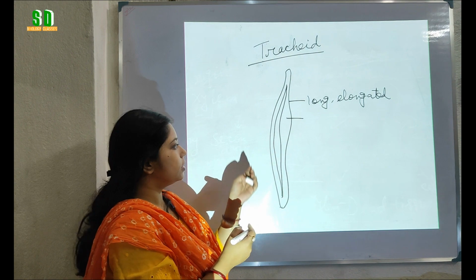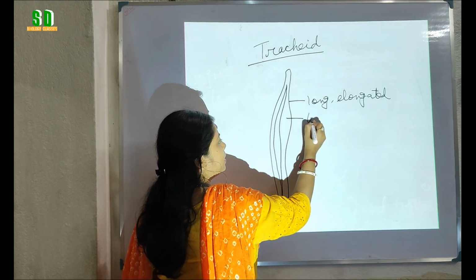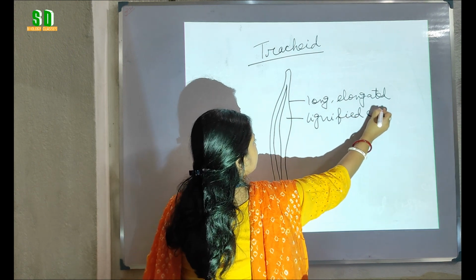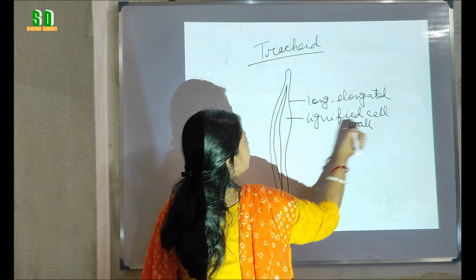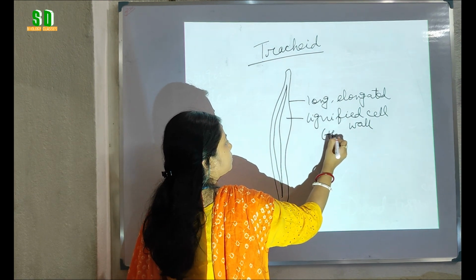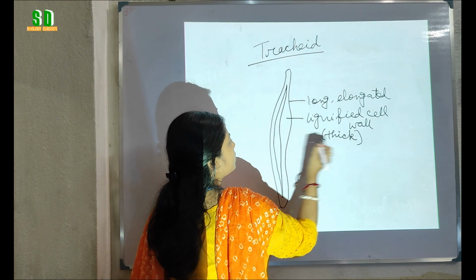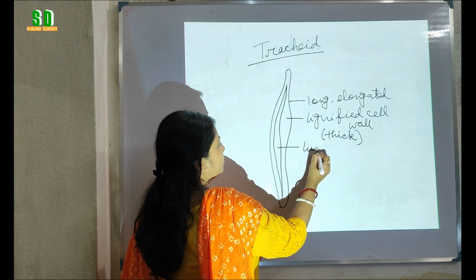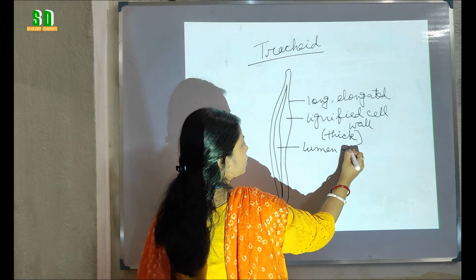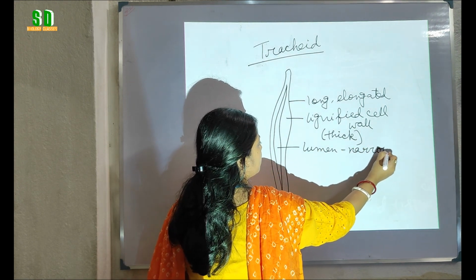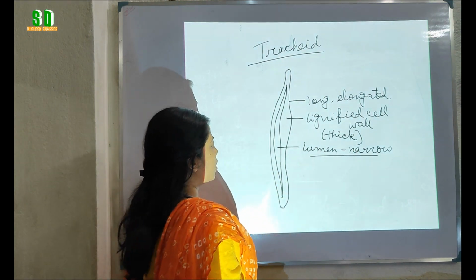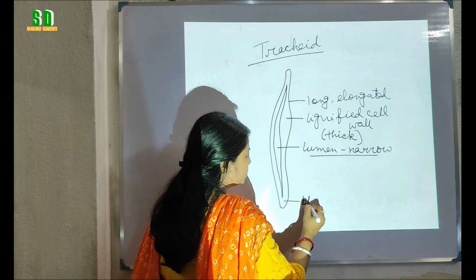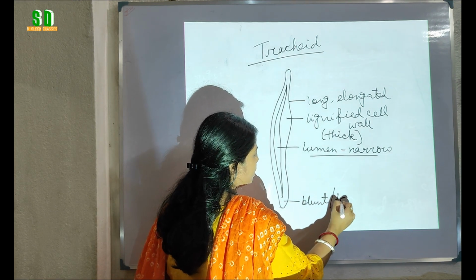In the cell wall material, lignin is also present, so it is a highly lignified cell wall. The cell wall is very thick. Due to deposition of the lignin, the cell lumen becomes narrow, and the ends of the tracheid are blunt or tapering.